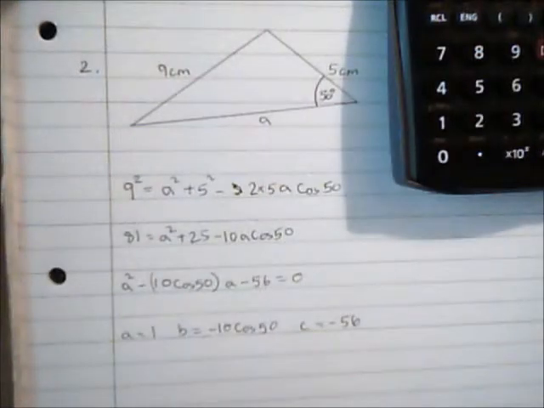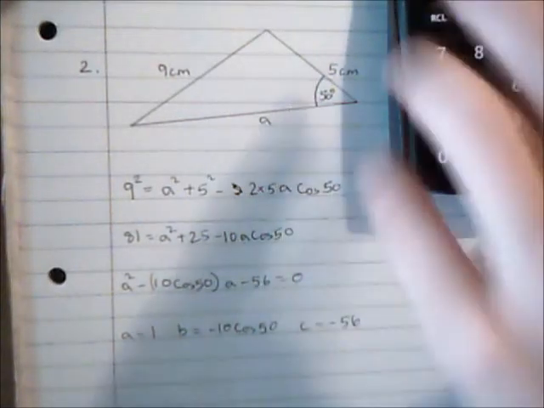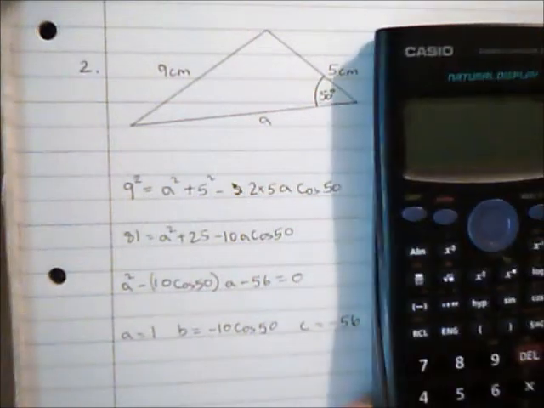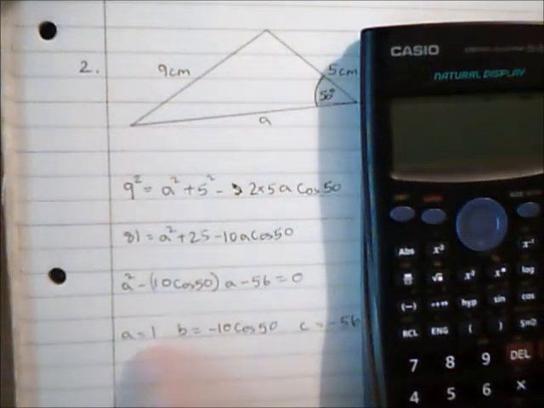So what I'm going to do now is evaluate this using the quadratic formula, and because I've got this horrible term for b, I'm actually going to use the calculator just to help me out a bit. So I'm going to input my coefficients and store them.